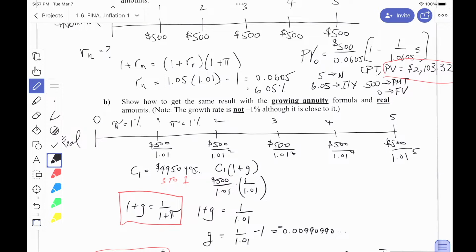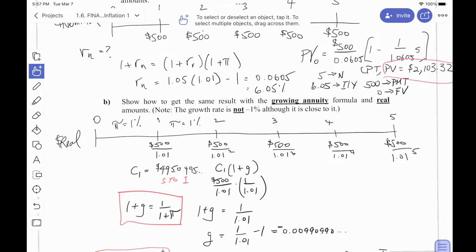Almost -1, but it's not exactly -1. If you use -1 in a growing annuity formula, you would have approximately got the right answer, but it's not exact, because it's not additive. It's growth factors. So this is what we're working on. And it's negative. That's the other point, that it's diminishing, which we know, the amount of money in my pocket goes down. This will be a smaller and smaller value.